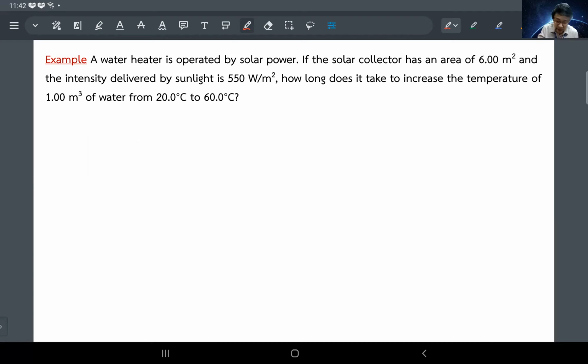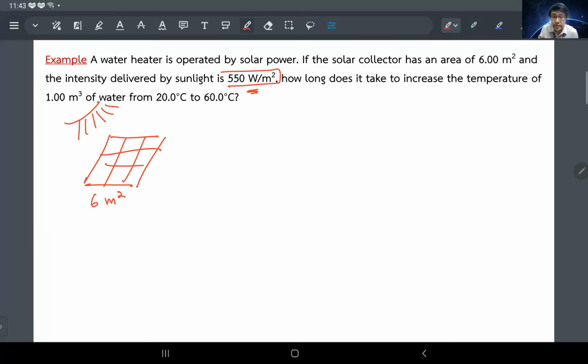I love this one because it's realistic: you have a solar panel trying to convert the energy from the sun, and you have 6 square meters of it, and the sun can give you 550 watts per square meter. You remember the watt, right?